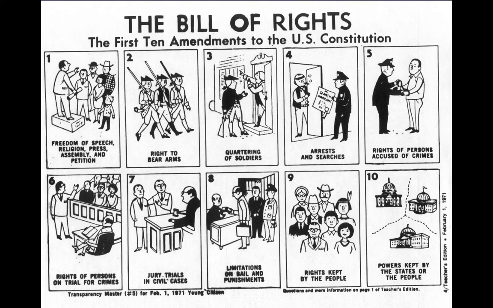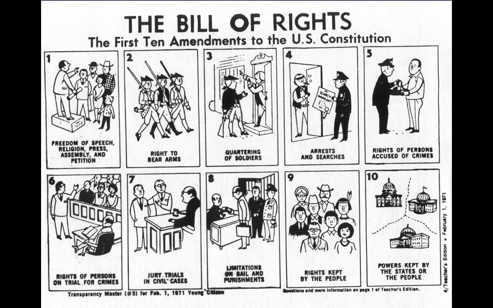Your Second Amendment deals with your right as an individual to bear arms. The Third Amendment deals with quartering of soldiers. Your Fourth deals with the procedure for arrests, searches and seizures, and your protection against unreasonable search and seizure. Number 5 is basically the rights of people accused of crimes.